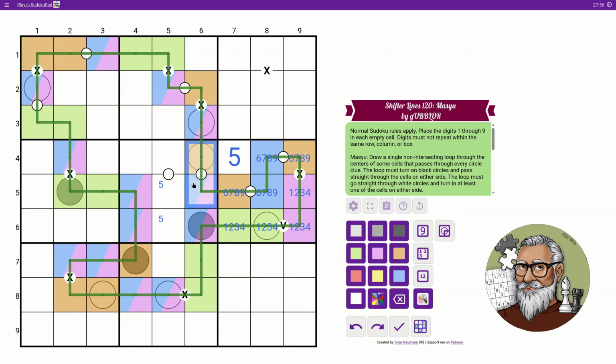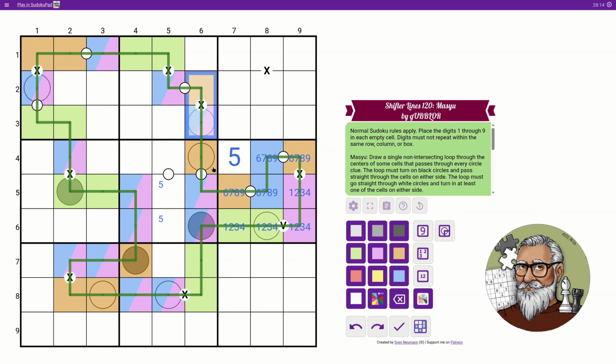Well, yeah, if this is orange, then this would have to be blue. Right? Yeah, obviously.